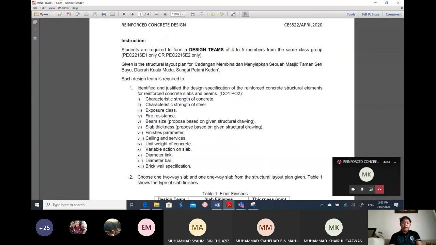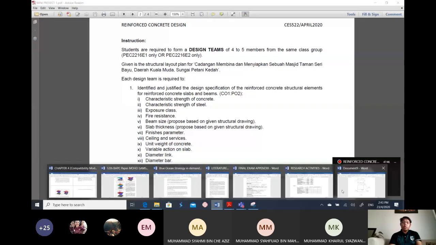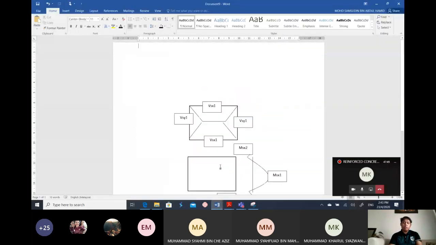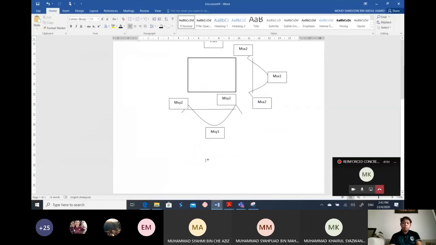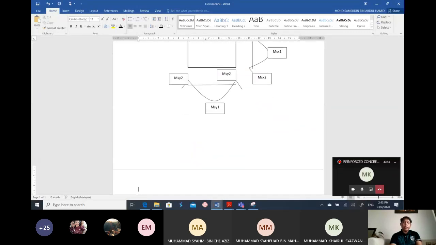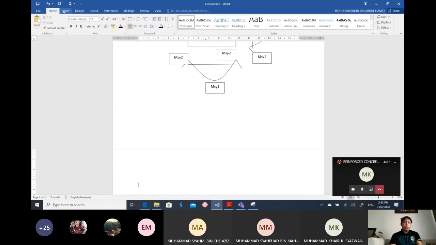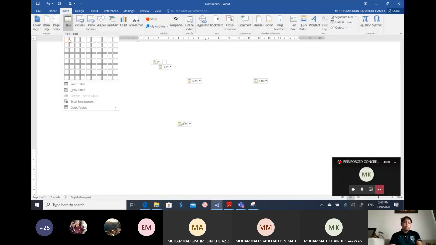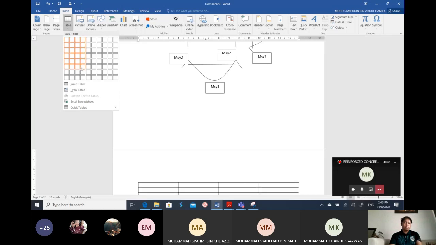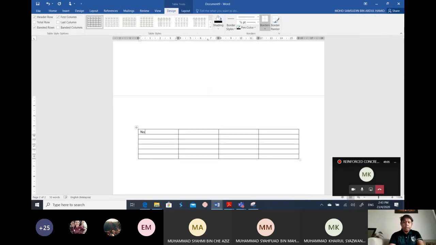So for example, you boleh buat dalam table. You boleh insert in your table: numbers, specification, and then value, and then I need references where you get the value.